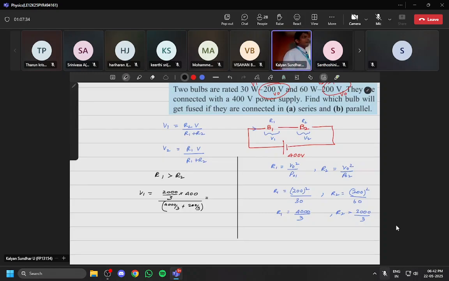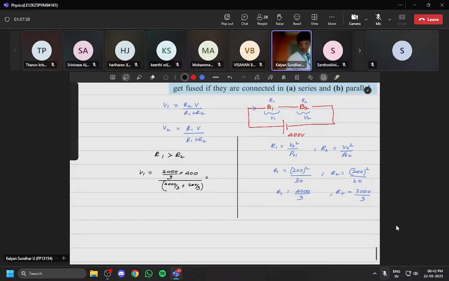Right? So you'll be having some potential over here. For the meanwhile, I'll skip the calculations. So you'll be getting around 800 by 3 volt. Right? This is for V1.